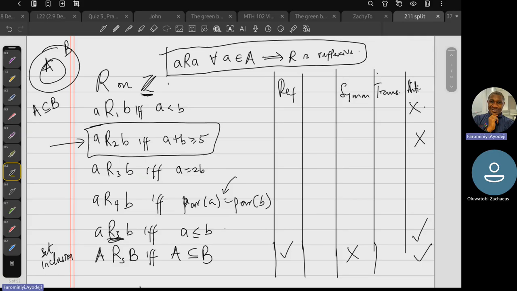For every time A is related to B, B also must be related to A. In this case, A is related to B if A is contained in B. Okay? Yes, sir. So even this diagram has shown us that we cannot have B contained in A. So it means it is not symmetric. Do you understand? Yes, sir.